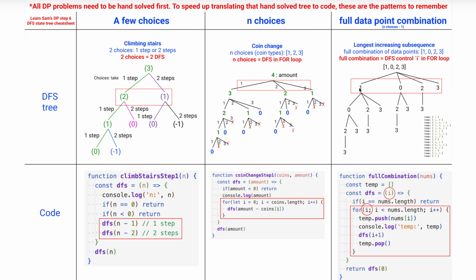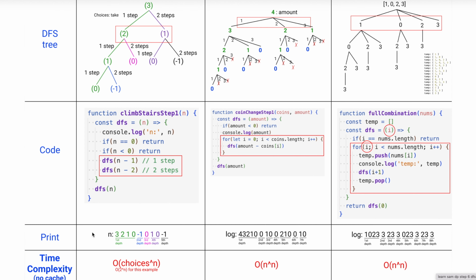That means if we are here, the choices of 1 are going to start from i plus 1, which is 0, to the end of the array, which is 0, 2, and 3. We can check the correctness of the code with the state tree that we have by printing out the state variable that we're interested in for each kind of pattern and comparing it with the node.